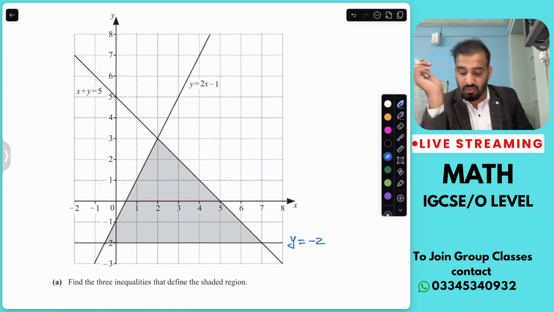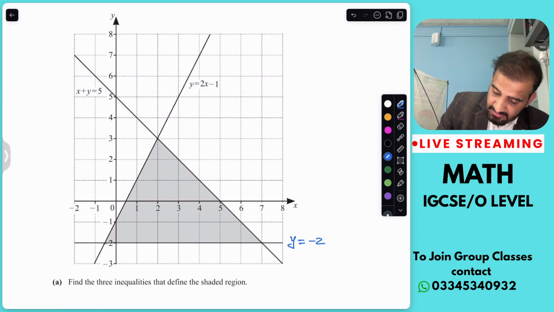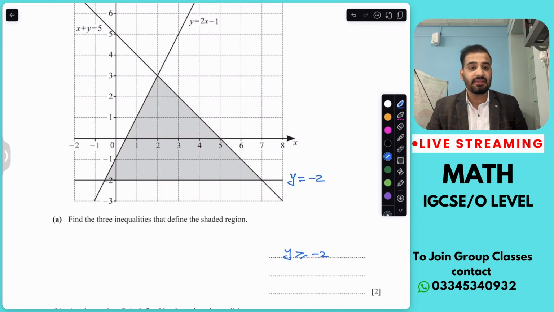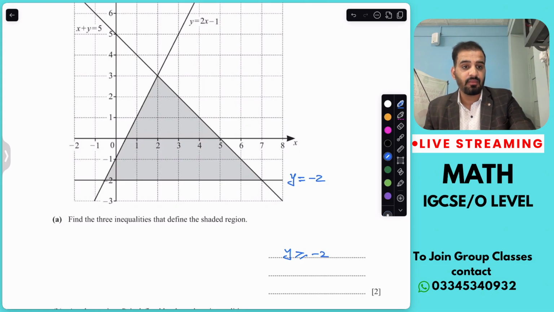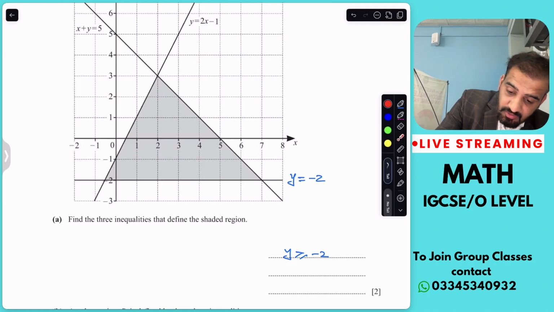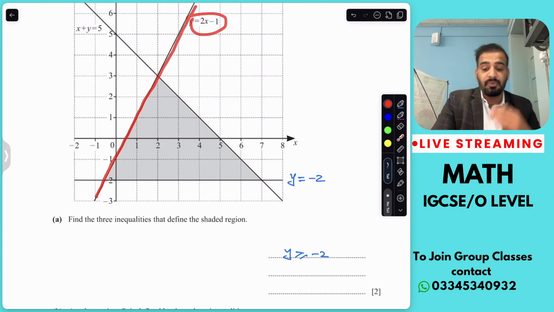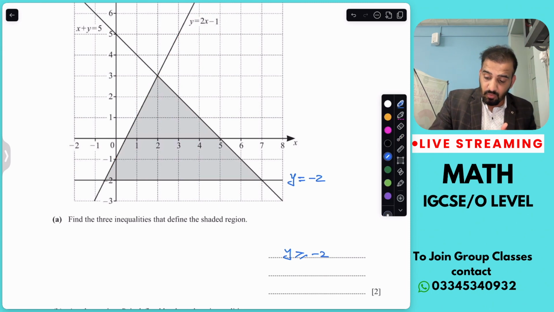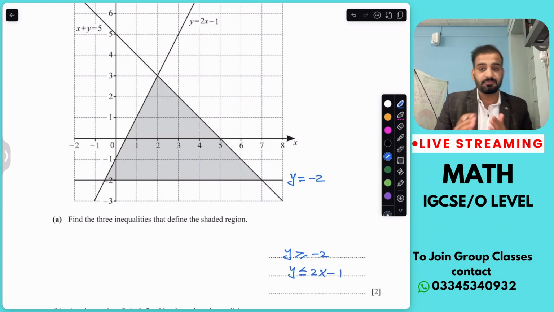So you will write y is greater than or equal to -2, my first inequality. And the second one is this one. This is your line and shading is below that line. So you will write y is less than or equal to 2x minus 1.